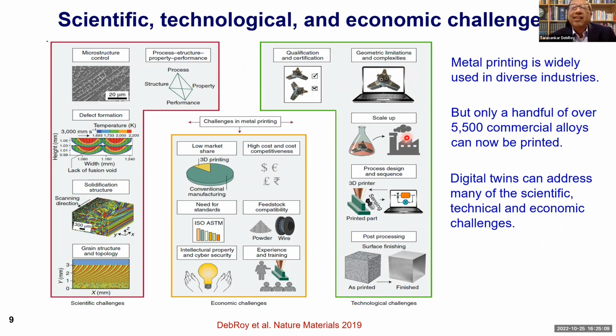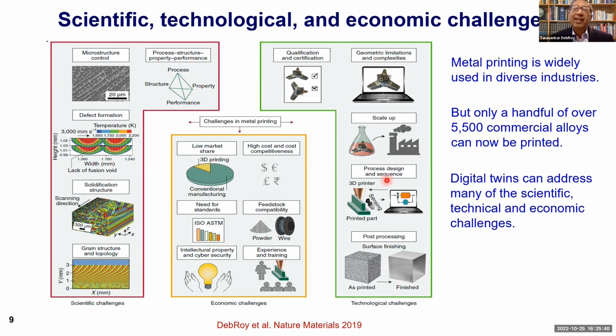And then scaling up. Let's say that I make a small part. It doesn't mean that I can make a large part that has some intricate features. We need support structure design in order to make very intricate parts, such as a part with embedded cooling channels, or a part that has both small and large features.